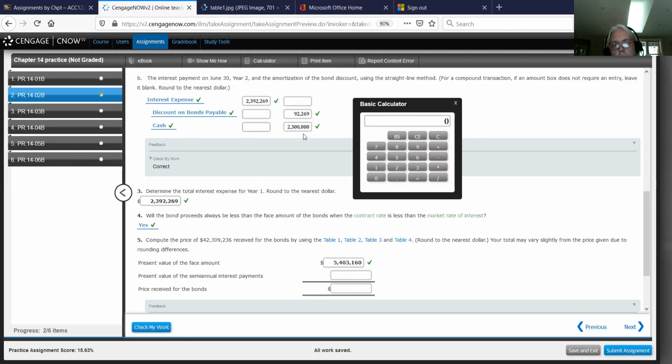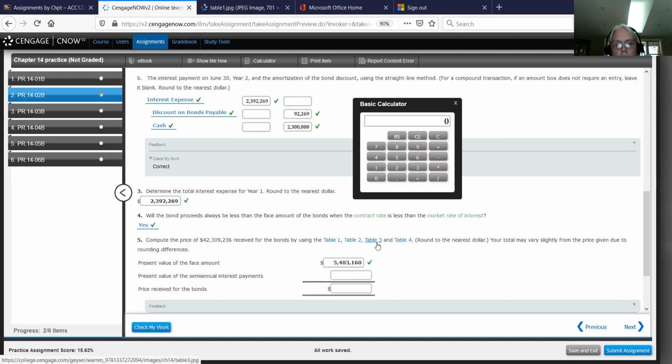And so 46 million times 5% will give you the amount of the interest payment, which is 2,300,000. We will pay interest every 6 months, so it's what we refer to as an annuity. So we have to use the annuity table in step number 2 to find the present value of the semi-annual interest payments. The annuity tables are table 3 and table 4.